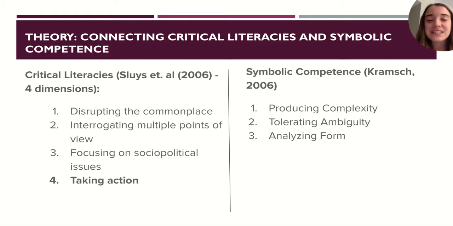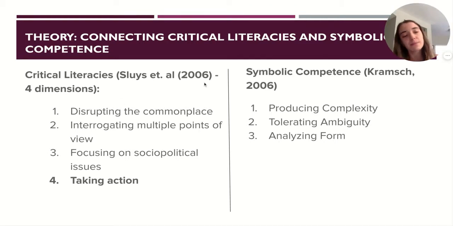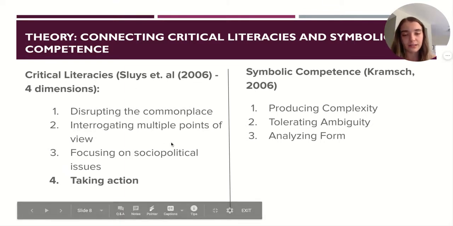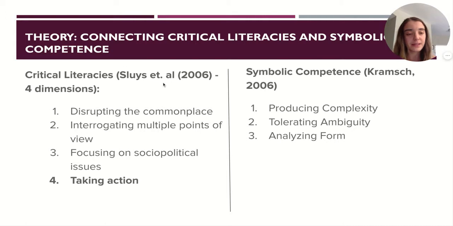So to compare and contrast and interrogate the concepts of critical literacies and symbolic competence that we just discussed, we have the 4 dimensions of critical literacies here on the left, according to Sluys and colleagues, and here on the right, the 3 components of symbolic competence as proposed by Kramsch. If you look at these, on the left, number 1, disrupting the commonplace.